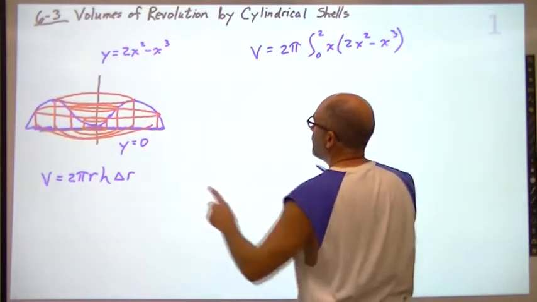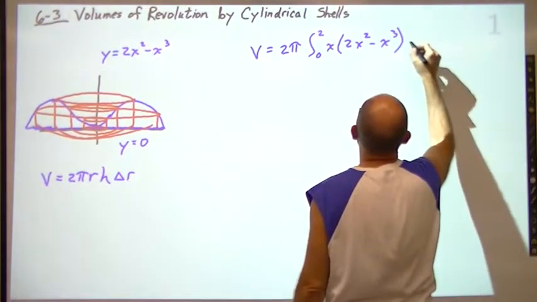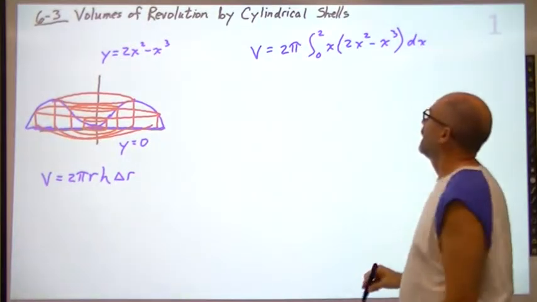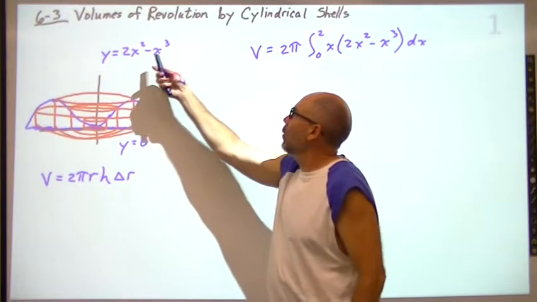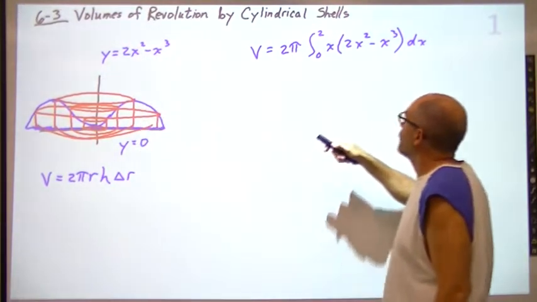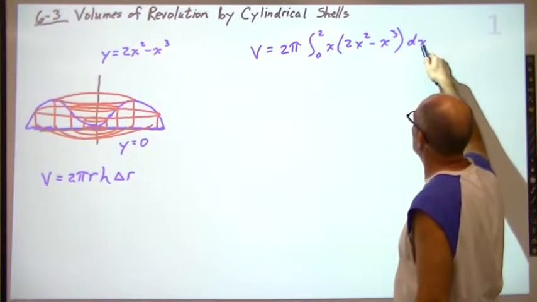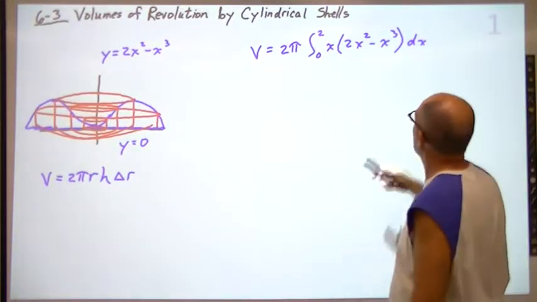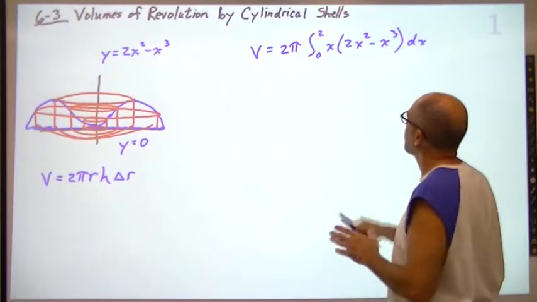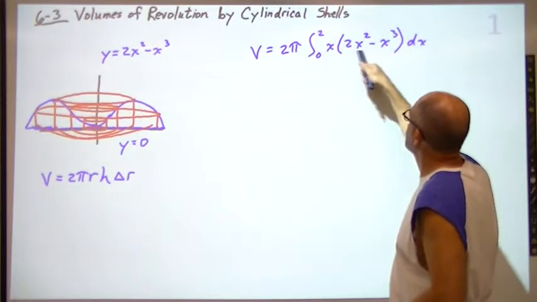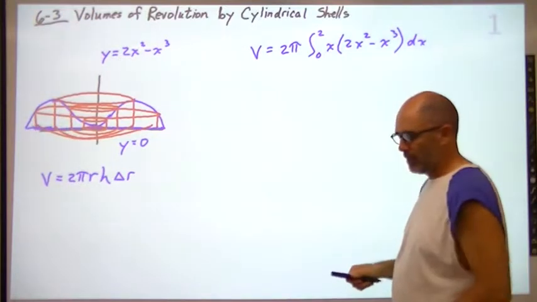And now times the thickness of each shell, which is dx. So notice we were given our function as a function of x, and now the shells have allowed us to do the integral in terms of x. So now 2 pi r h delta r.